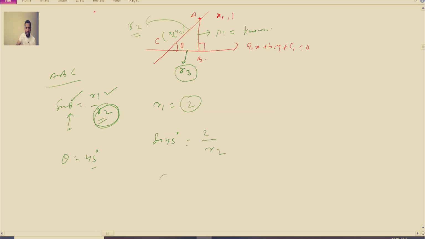Here R2 is equal to 2 upon sine 45, and using the value of sine 45 as 1 upon root 2, R2 is equal to 2 root 2. This is the angular distance of a point, the distance between A and C.